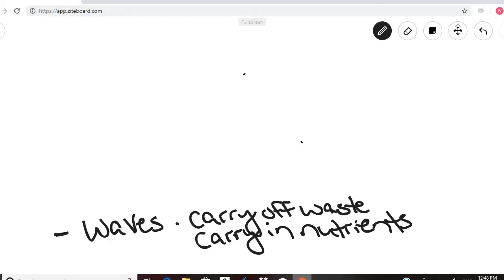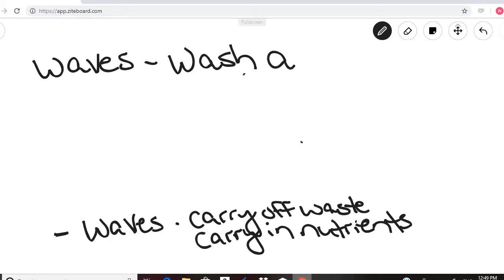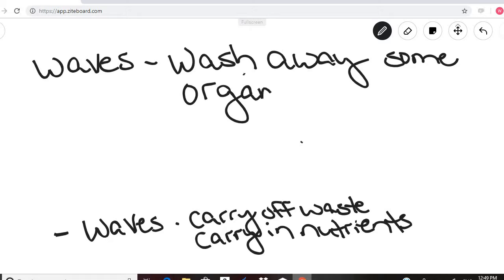what would those waves do? Well, they could wash away some organisms. So some organisms might have difficulty maintaining their hold within the intertidal zone because of the wave action.